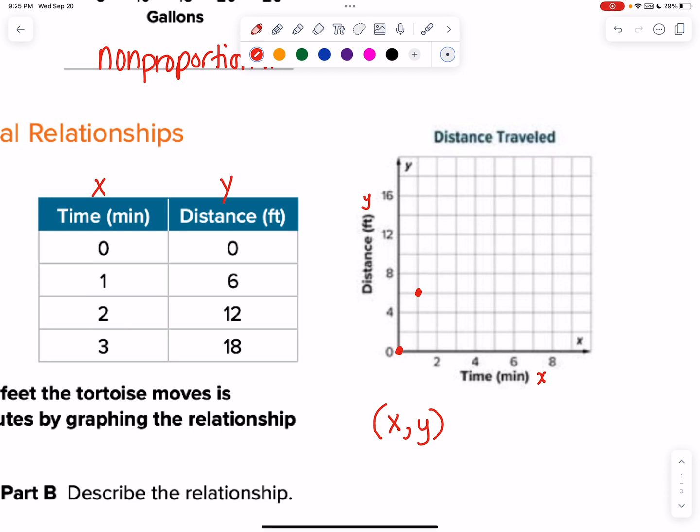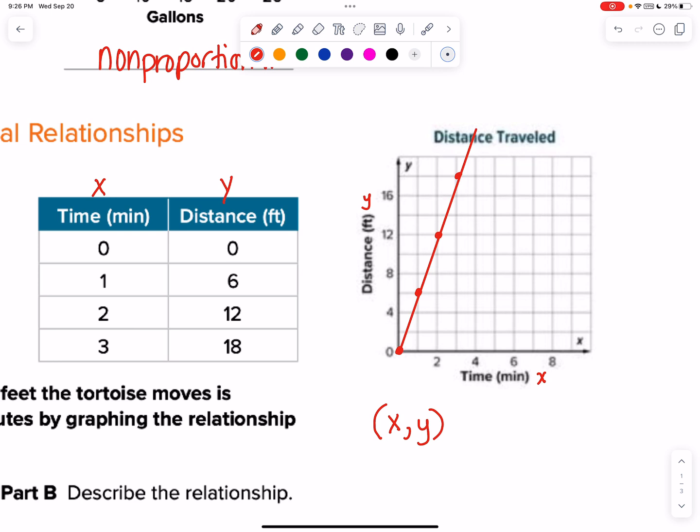Over 2 and up 12. Over 3 for time, and then up 18. And there we are. There's our line, and we can draw that line down and connect the dots. And so there's our graph.